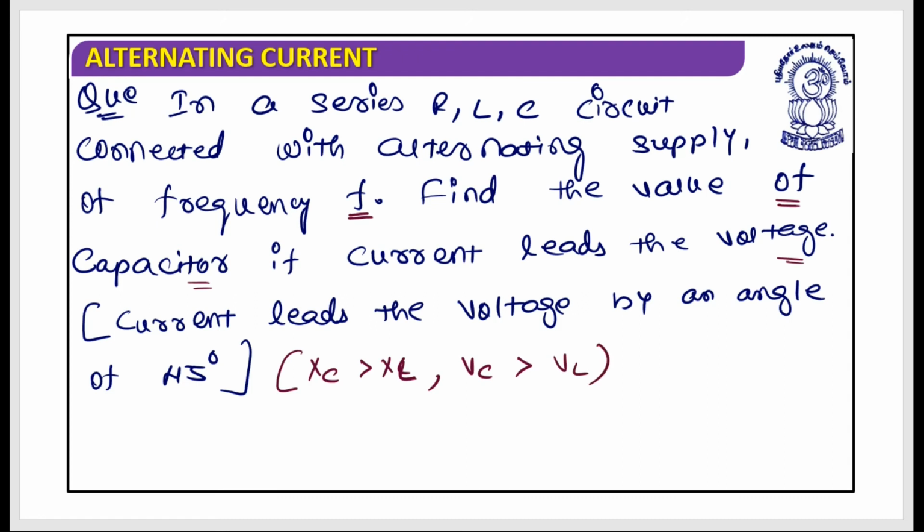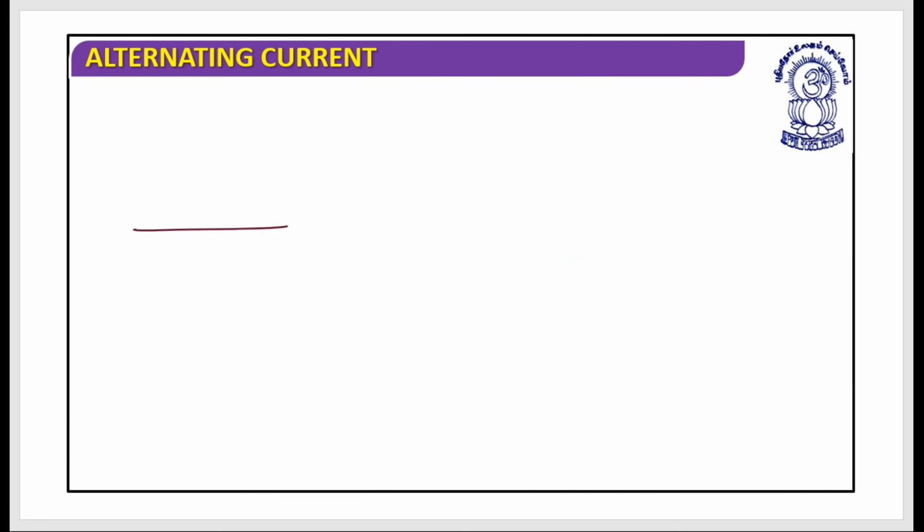So how will you do this? One more thing, the phase difference between voltage and current is given. It's 45 degree, or I should say it's pi by 4. So as I understand that XC is greater than XL, let's plot the impedance triangle. Tan phi is equal to XC minus XL.